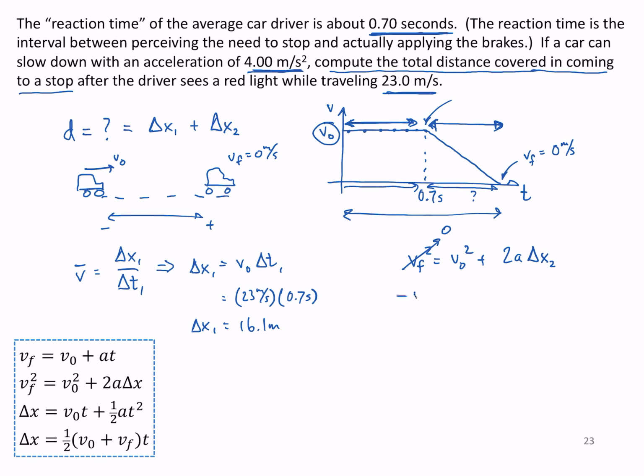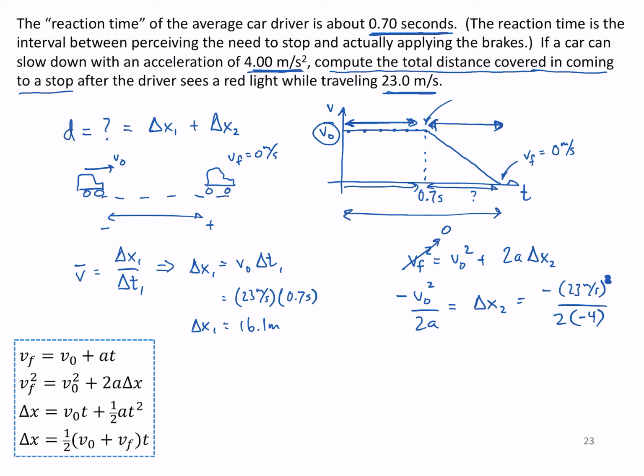We subtract v0 squared from both sides. We divide both sides by 2a, and that will leave us with just delta x2 on the right. And we can substitute in all of our various quantities here, 23 squared and 2. Remember, this is a negative acceleration.